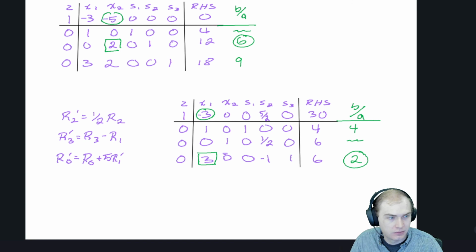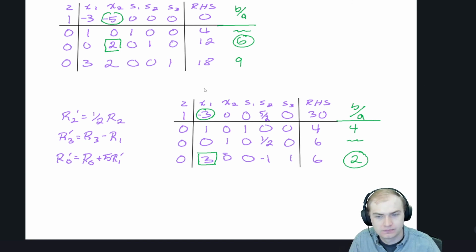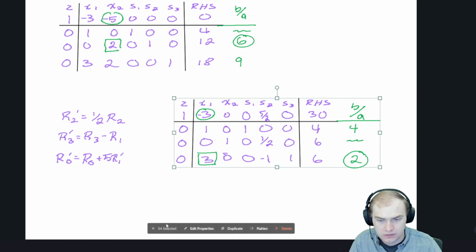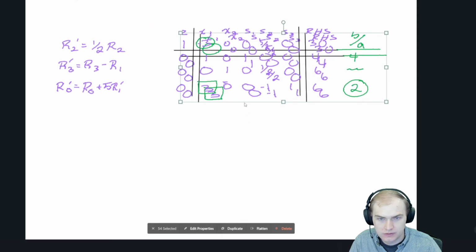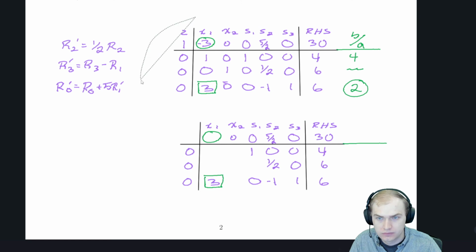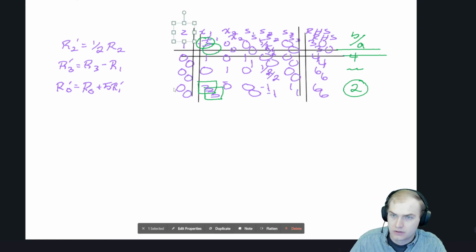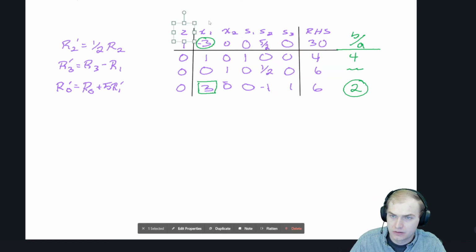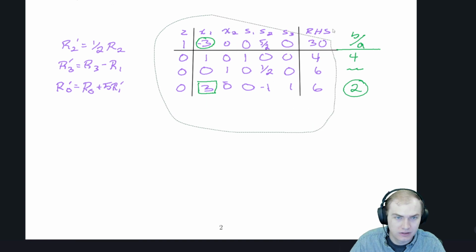For our sanity, I will erase the old pivot. So let's duplicate that. Ooh. Got a little wild, got a little wacky with my selection. There we go.